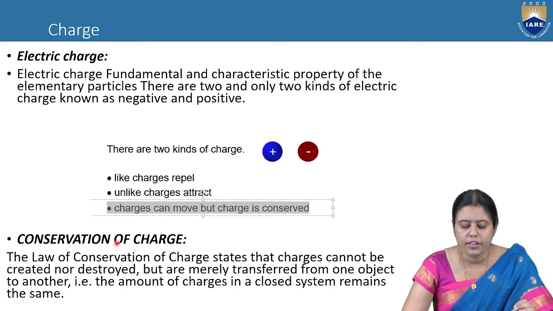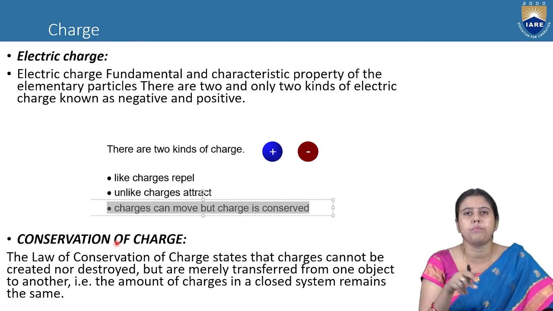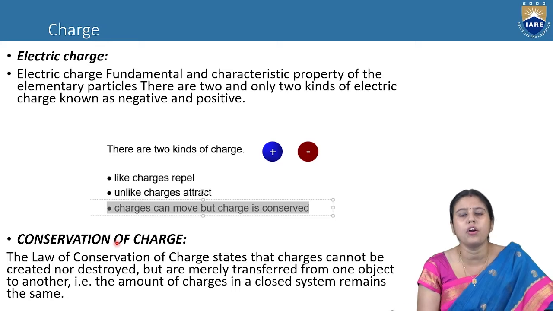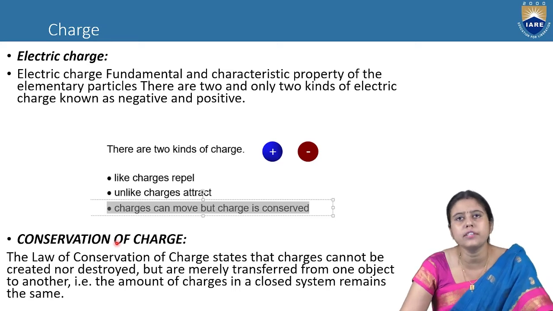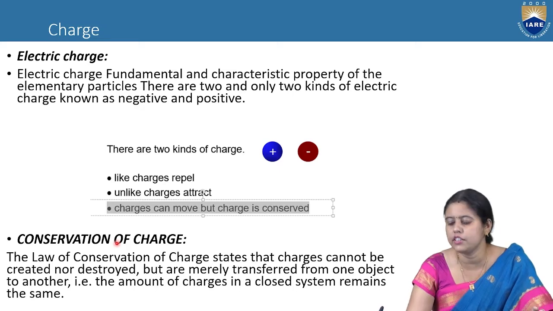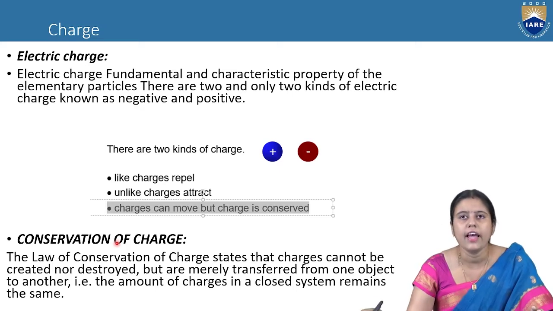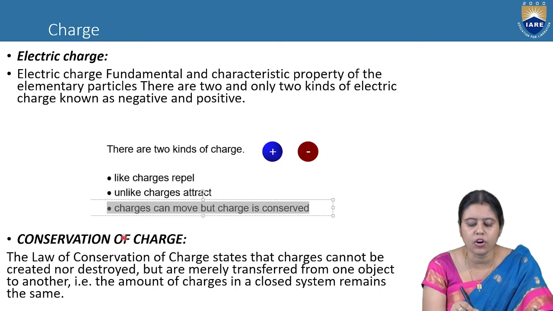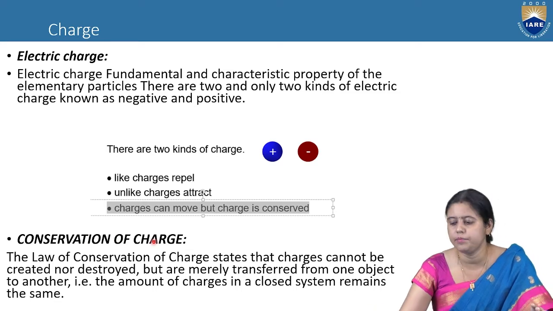The amount of charge in a closed system, or closed path, is always the same. Charges cannot be created and charges cannot be destroyed. In a closed path, the number of charges is always constant, and this law is known as the conservation of charge.